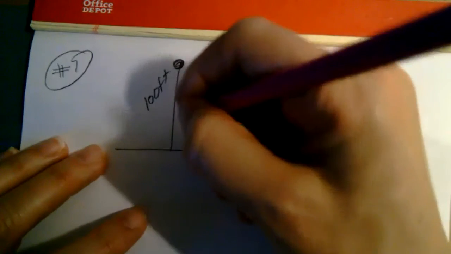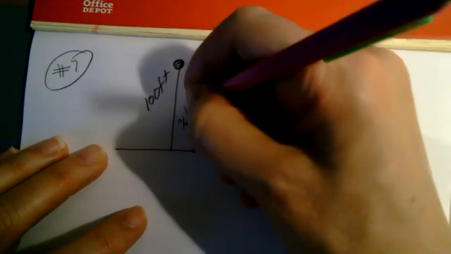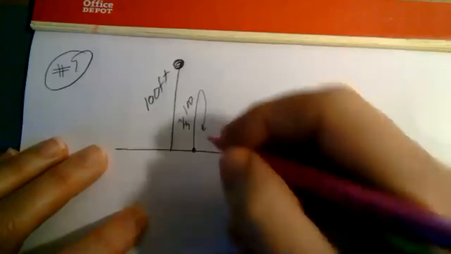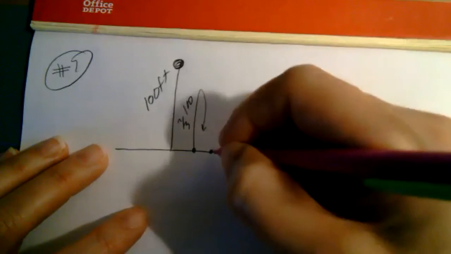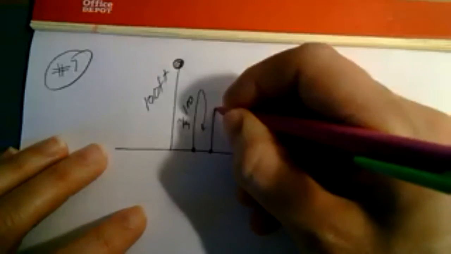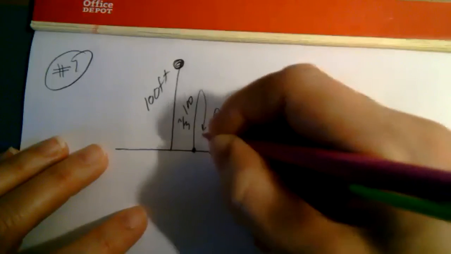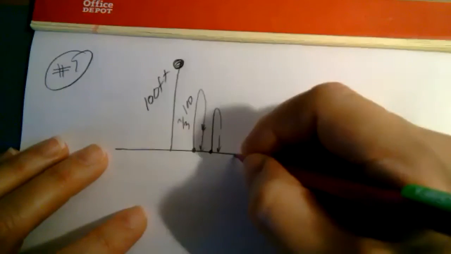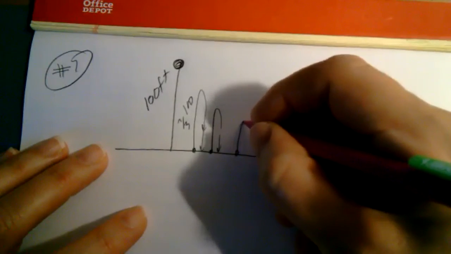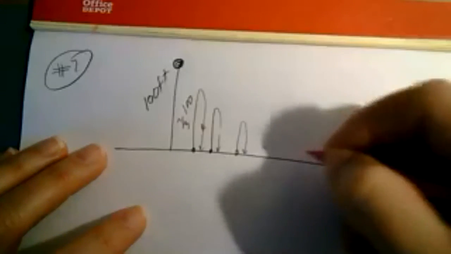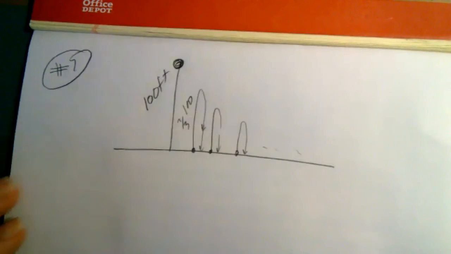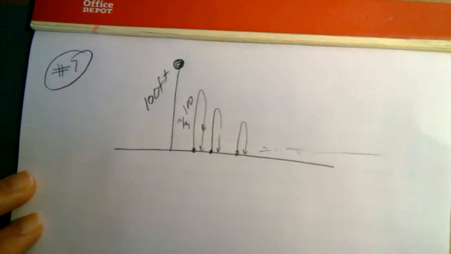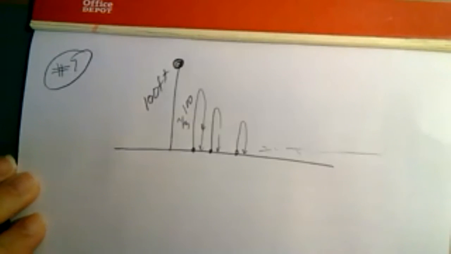So that's 2/3 of 100. And then it is at the floor again. This time it goes 2/3 of what it was and then bounces back. And then again, it starts here, 2/3 of what it was, and bounces back. And it keeps going forever. Imagine there is no friction. And the question is, find the total distance it traveled.